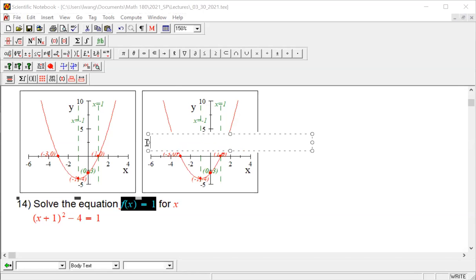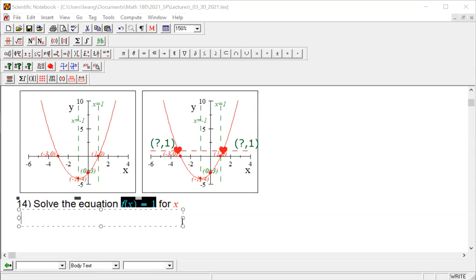They're just 1. The x coordinate of the other one is a question mark, we don't know, and the y coordinate is 1. So by solving this equation, we will be able to identify these 2 points. You guys follow me?